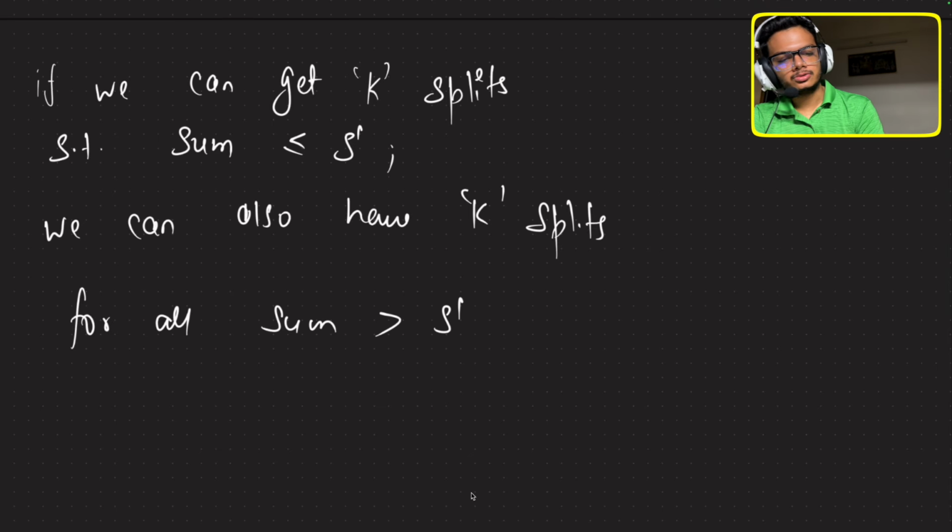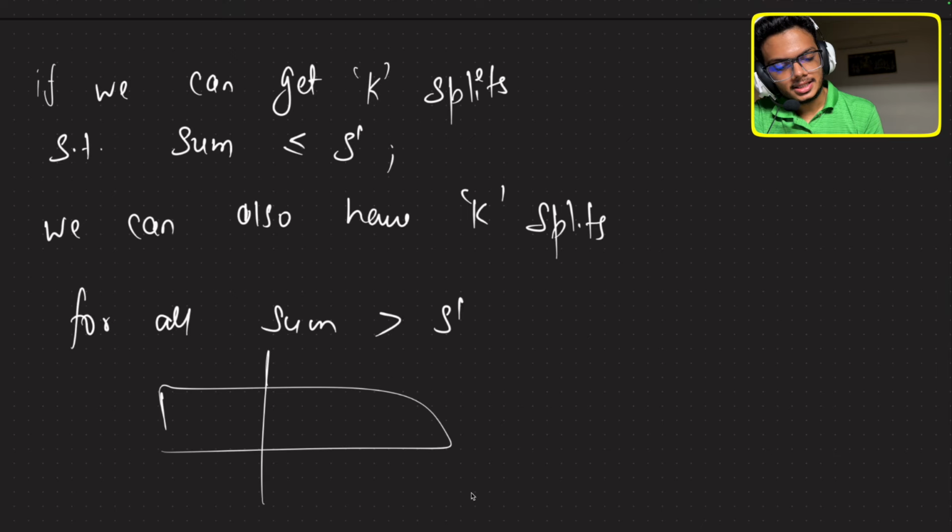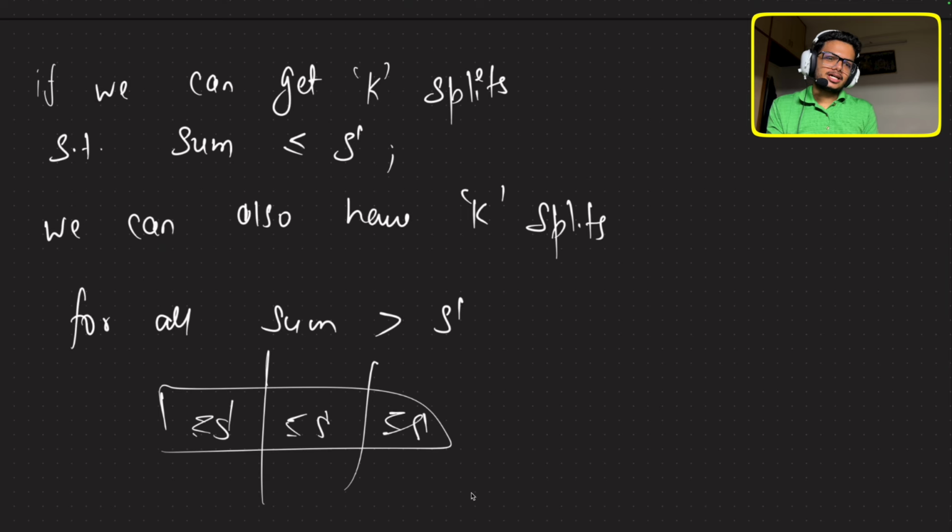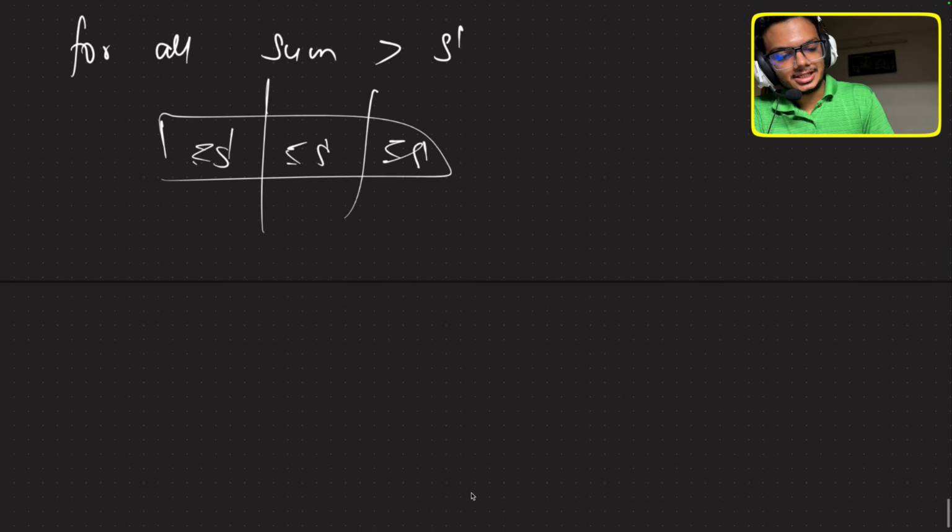That's obvious, right? So if you know for the fact that in these k splits the individual sums are not exceeding some s dash, then definitely these sums are not exceeding any number greater than s dash, right? So that's obvious. So what does this lead to then?